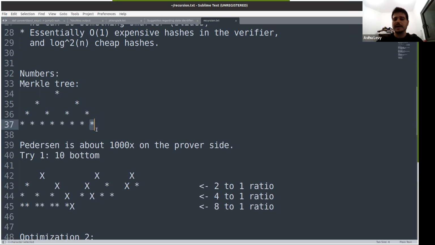So if the height is like 30, it sounds like he only does 30% of the work, but it's actually a lot better than 30%. It's more like 10%, or even one could claim it's a constant in a way.